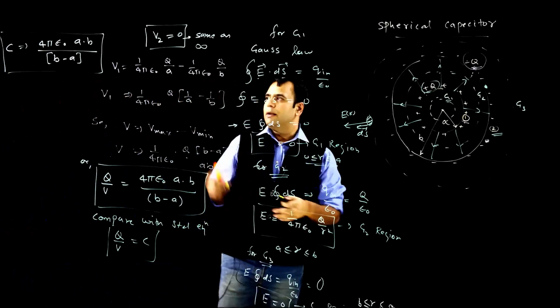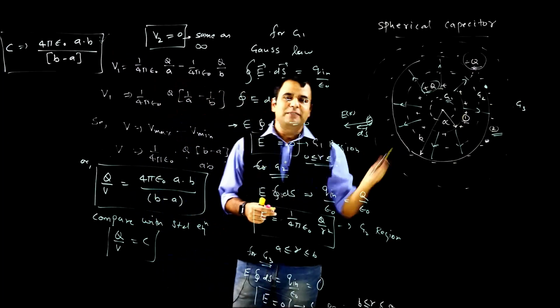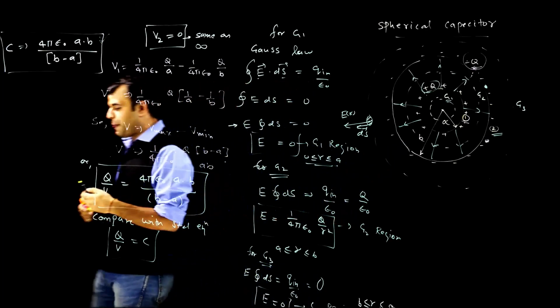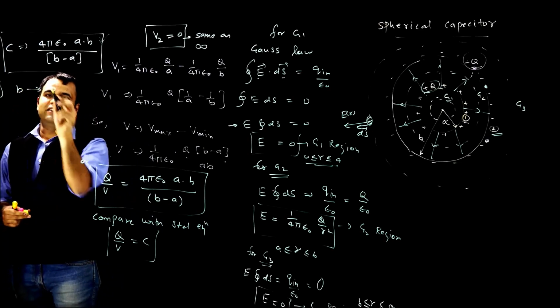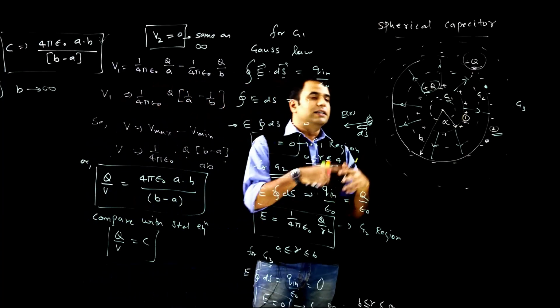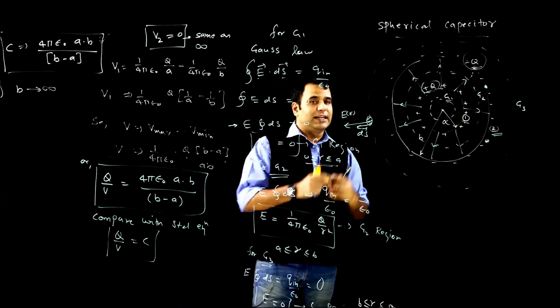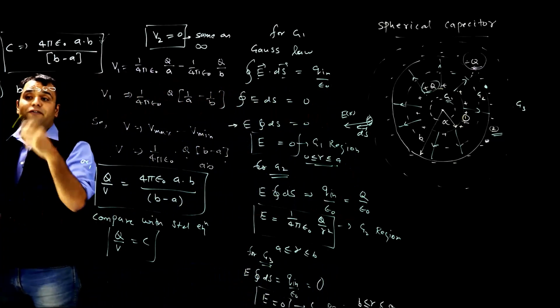Okay. This formula one can memorize. In this case, just to check, if the radius b becomes infinity, the outer shell goes to infinity, then this is not a two shell case, this is a one shell case, which we did earlier. So if b tends towards infinity, this value we can further modify.